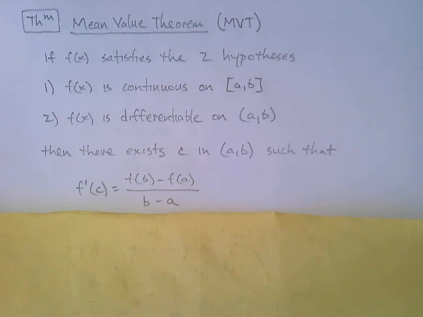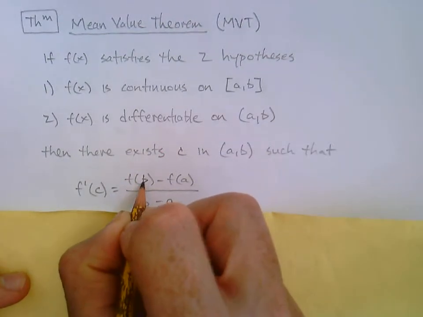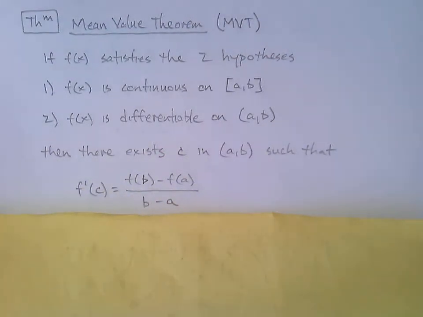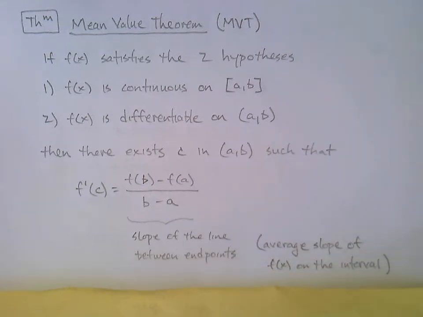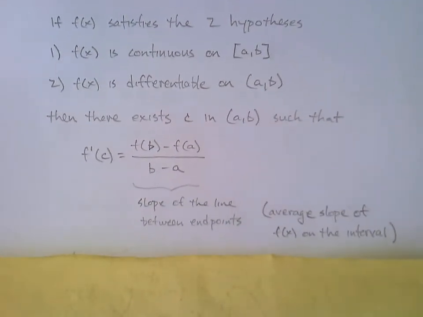Well, it's a little bit more than what's going on in Rolle's theorem, right? When you look at that right side, does that remind you of anything? Maybe it reminds you of the equation for slope. Let me just show you the logic here.